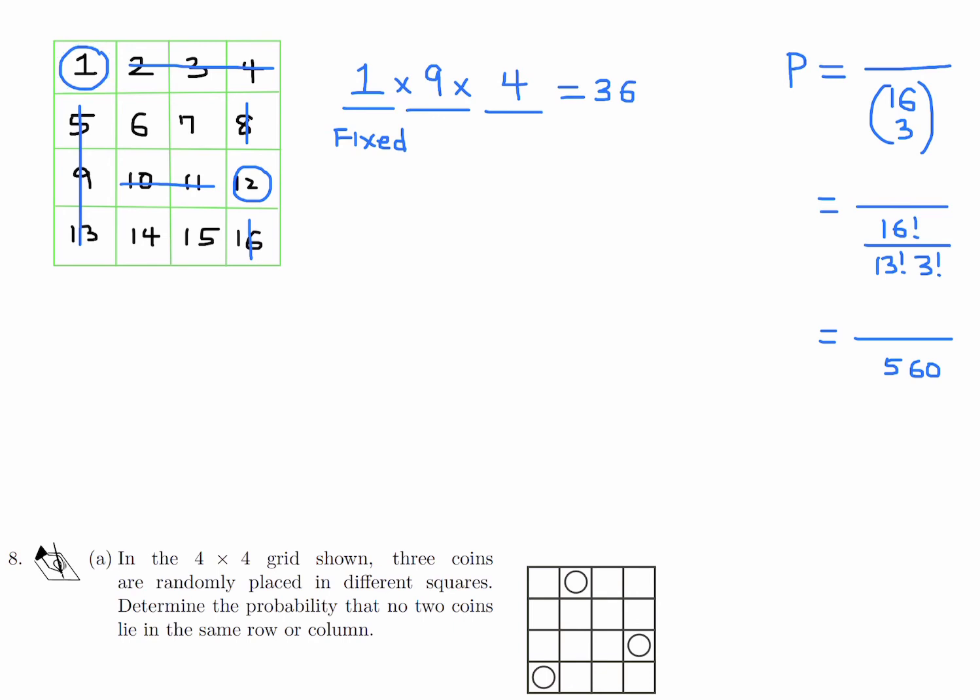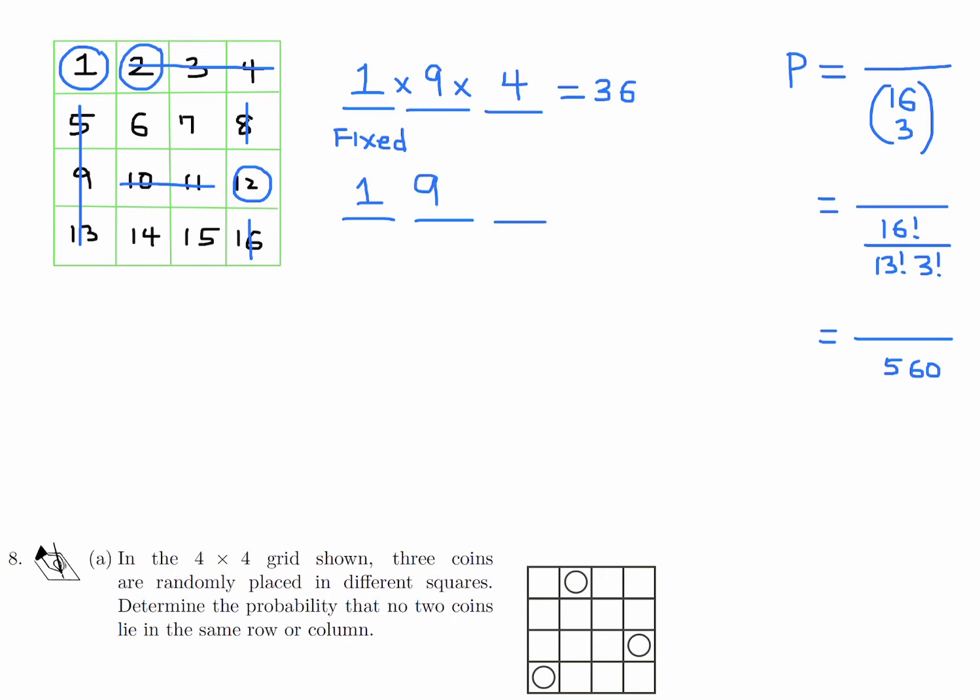But what about if the first coin was, say, 2? Well, it would be the exact same thing in terms of numbers. It would be the first one, which is fixed. There's only one possible choice for the first one. In this example, for example, I've chosen 2. And then for the next coin, I can choose 9.